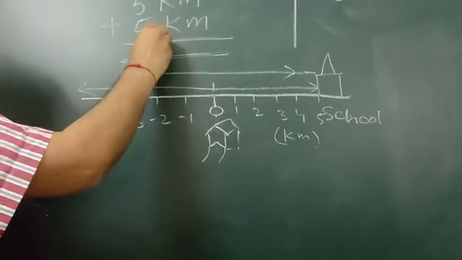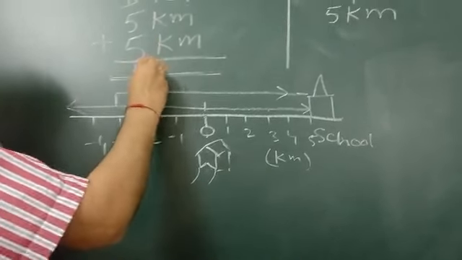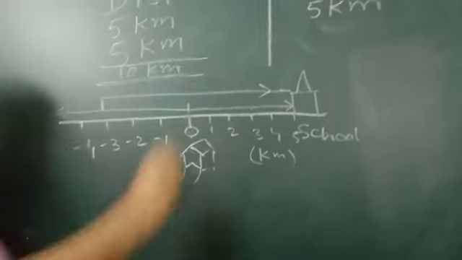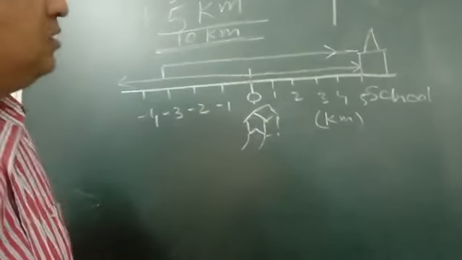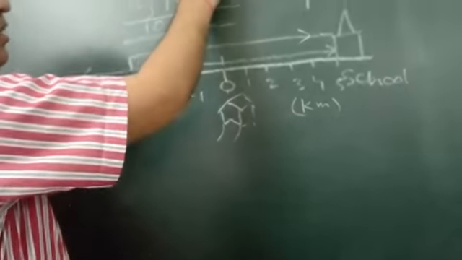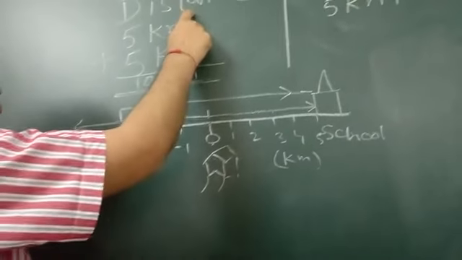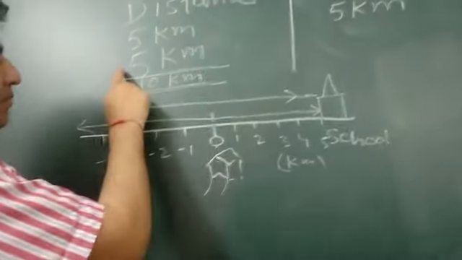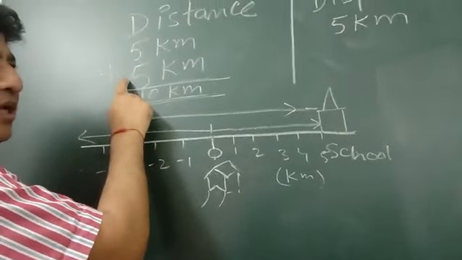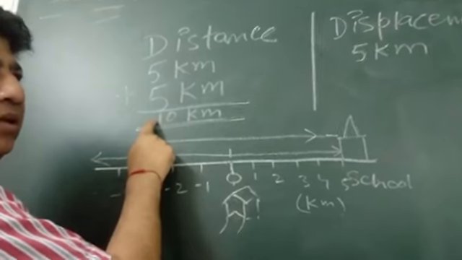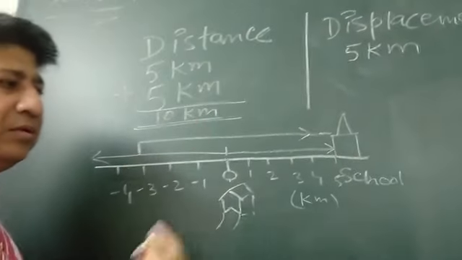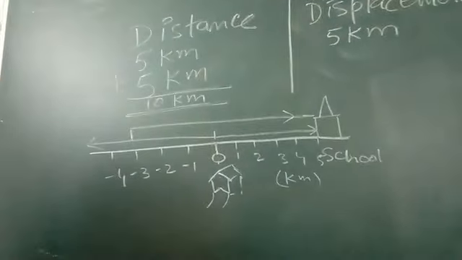That will be 5 plus 5, 10 kilometers. This way we calculate distance, which is a scalar quantity. This is the method. Simple algebraic sum is used to calculate the total value of the scalar quantity.